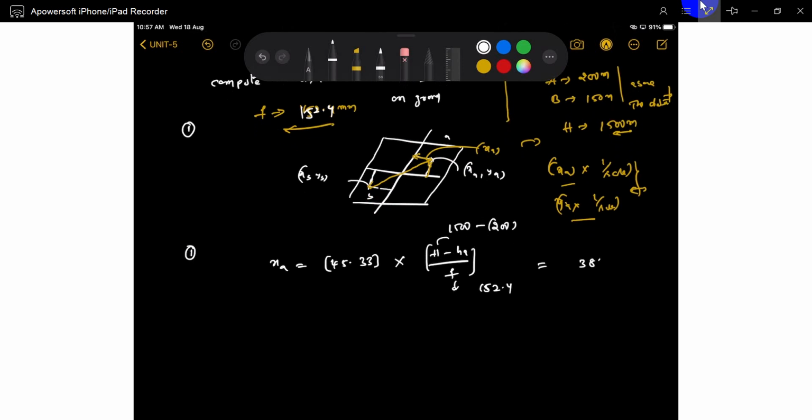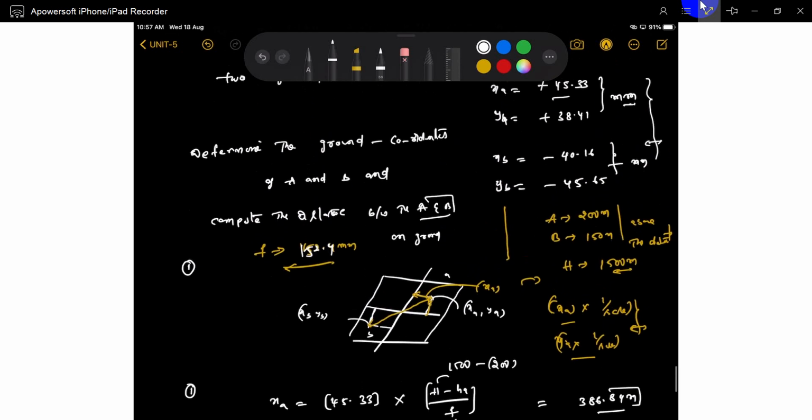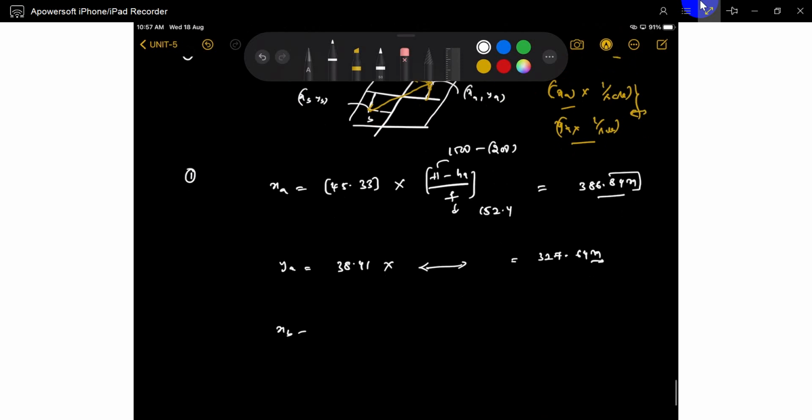This coordinate is 386.84 meters on the ground. Based on the same, YA is plus 38.41. Same thing, same factor. You will get 327.64 meters.